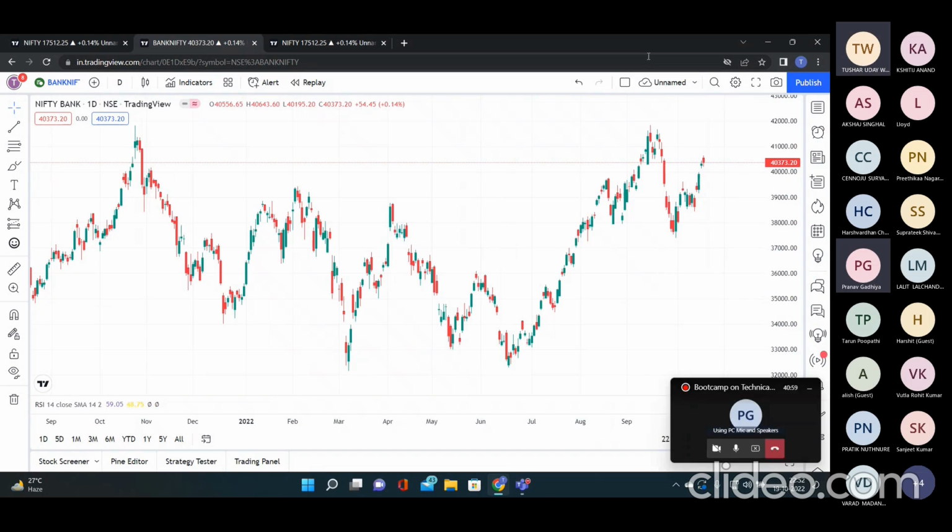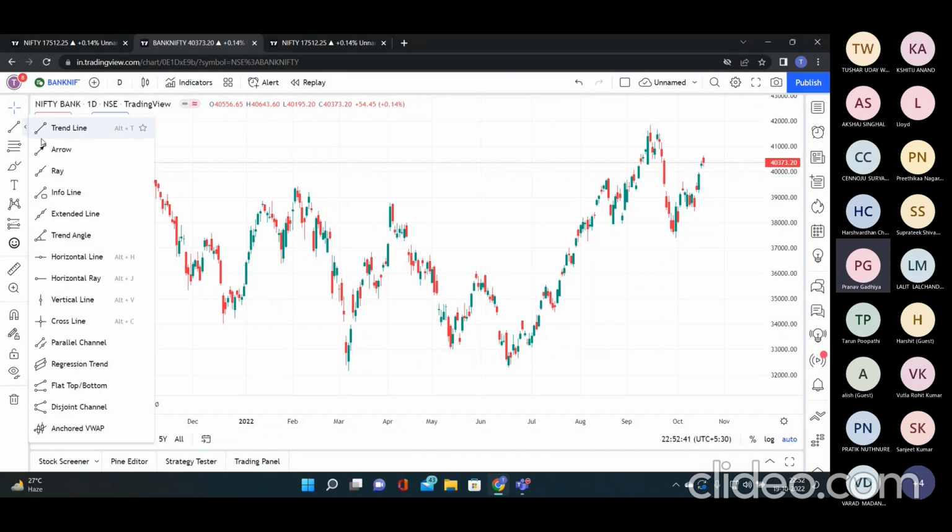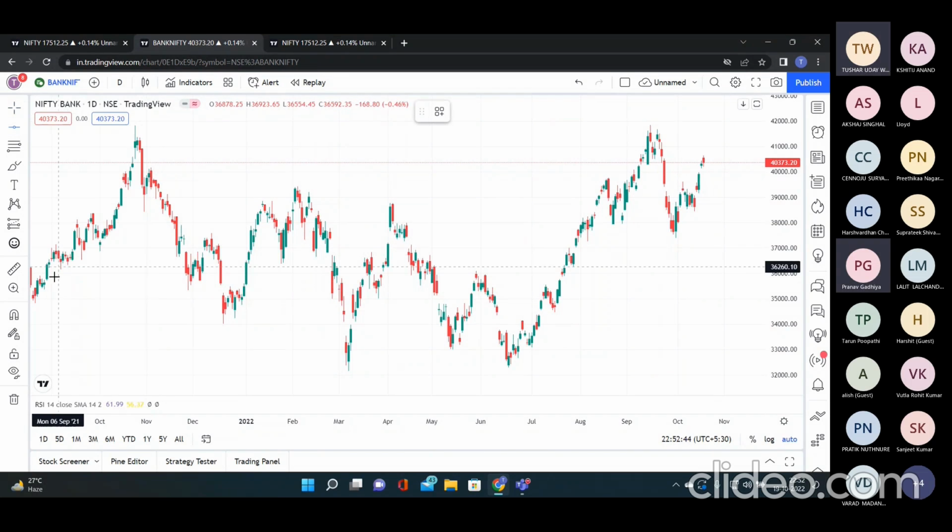Can you identify some key support and resistance levels in the Bank Nifty chart that I am showing right now? Whatever information we have provided you in the last hour, you can use it to identify the support and resistance levels of this chart.